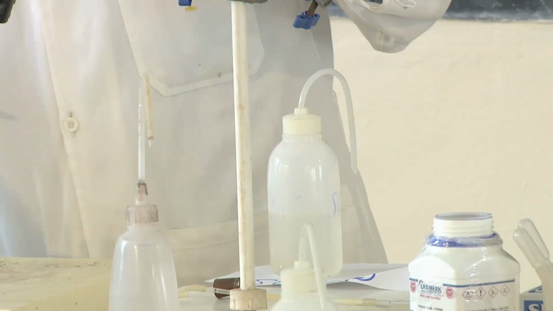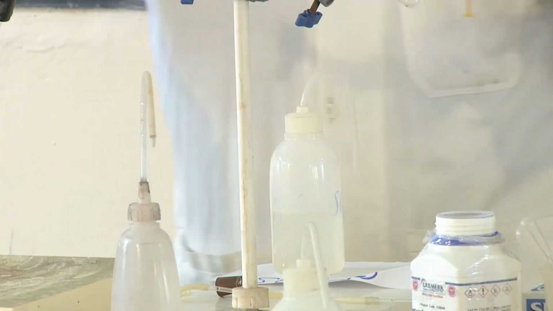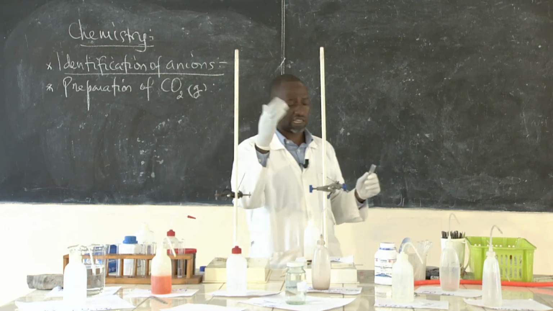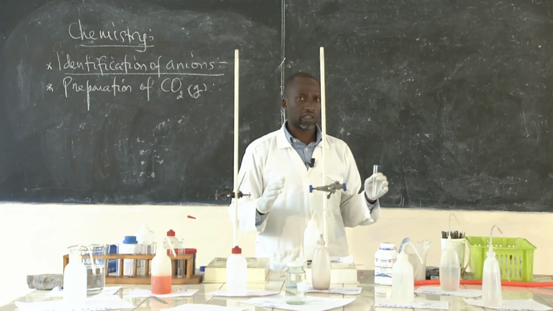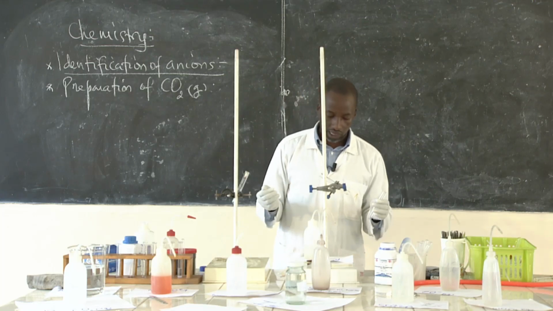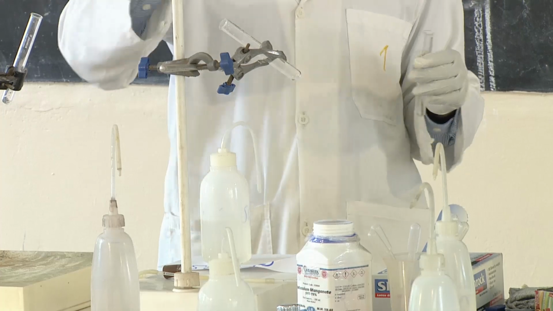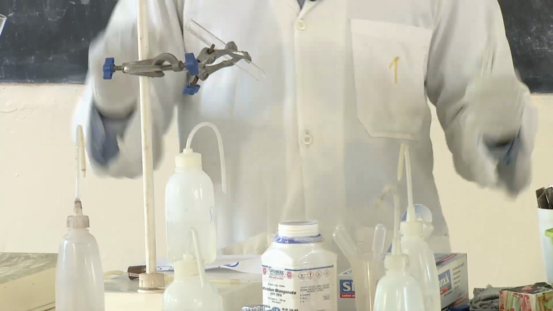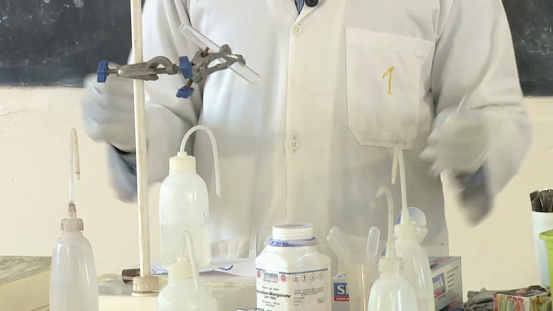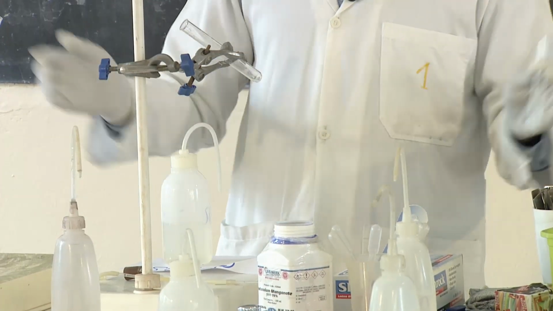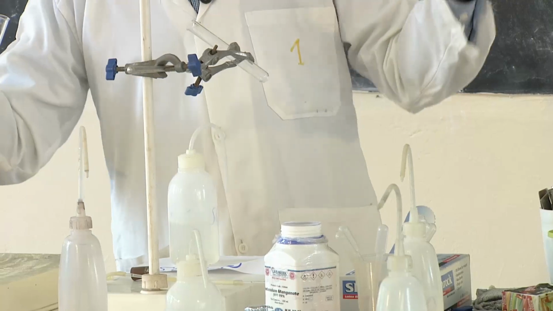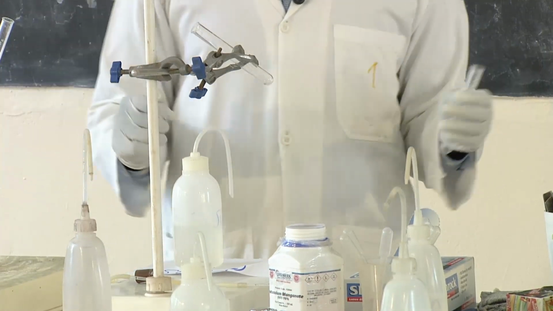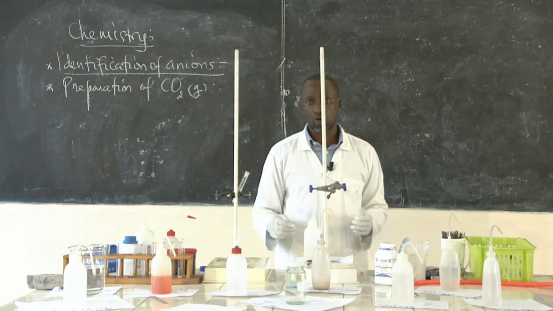We are going to carry out the test to identify the sulfate ions. As usual, we use just a very little solution. In qualitative analysis, measurements are not necessary. It is just approximate. We normally have problems with students trying to measure about 1 cubic centimeter, looking for how to measure 1 cubic centimeter.